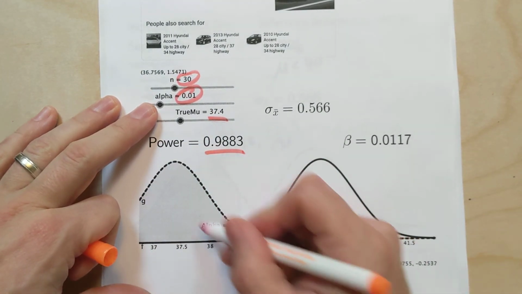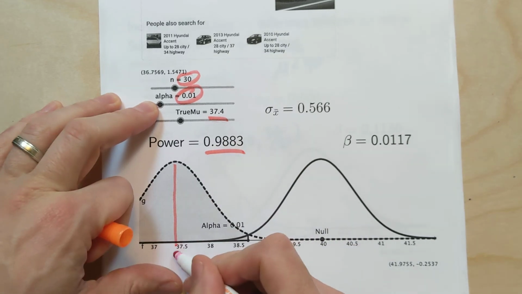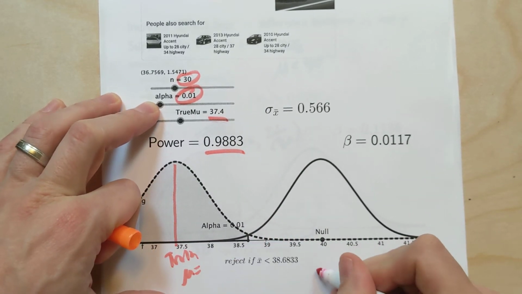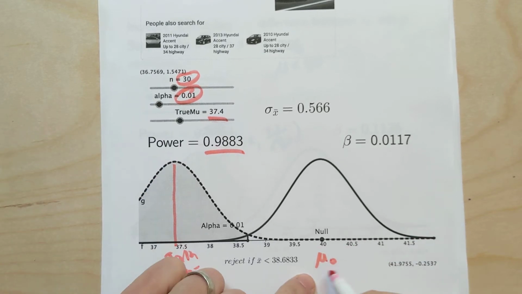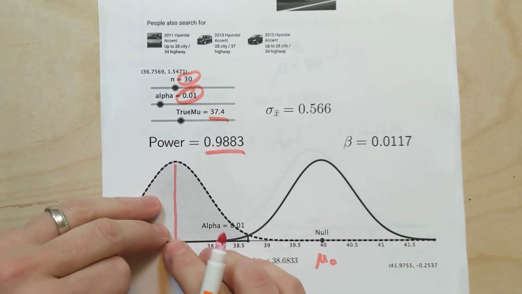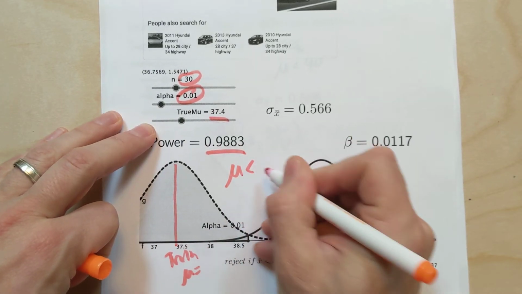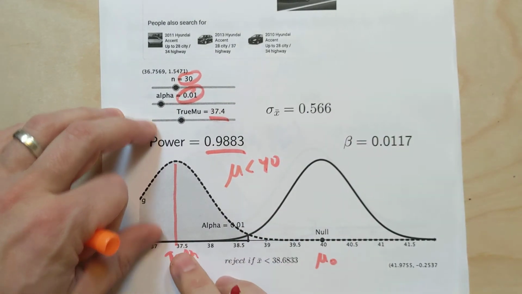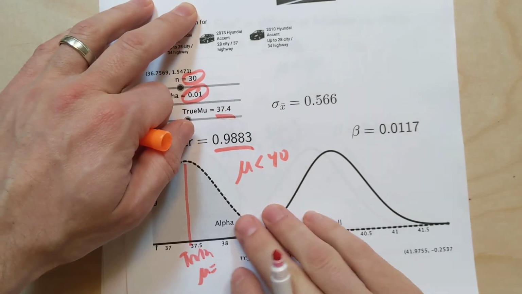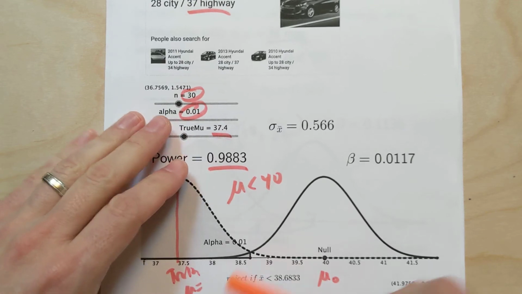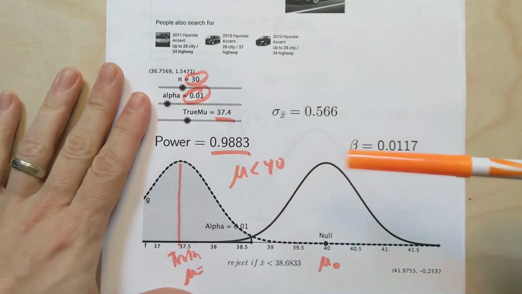Why? Because the truth was all the way down here. This is the true value for mu, and this is just what we hypothesized it to be, and that's what that little zero kind of means there. Since there was such an extreme difference, mu was really less than 40. It was all the way down here at 37 miles per gallon, not 40. It should have been very easy to reject the null hypothesis and avoid making a type 2 error.